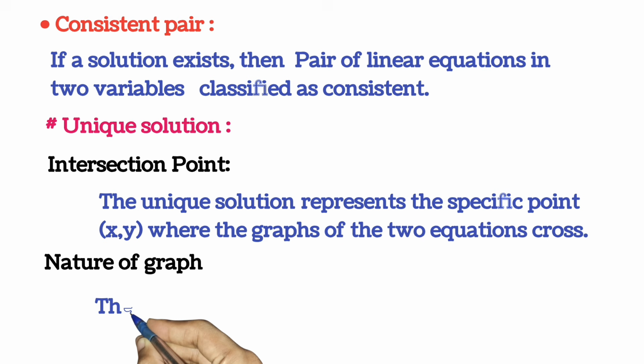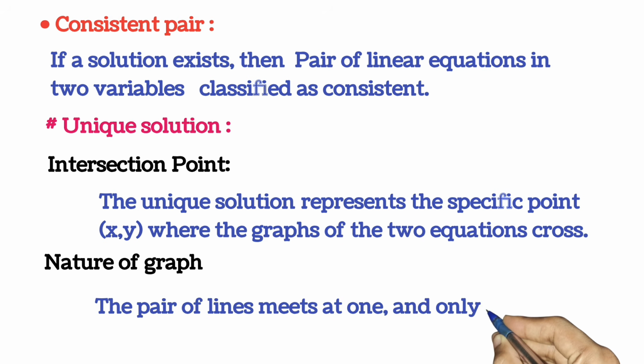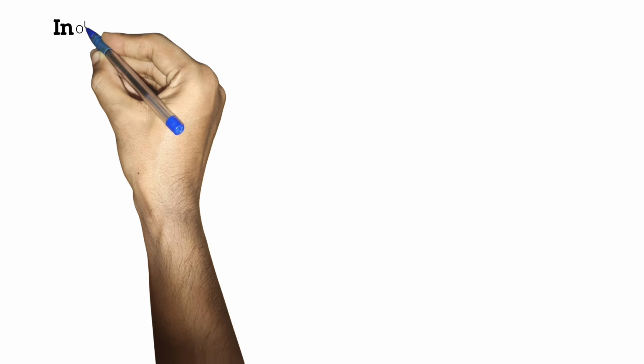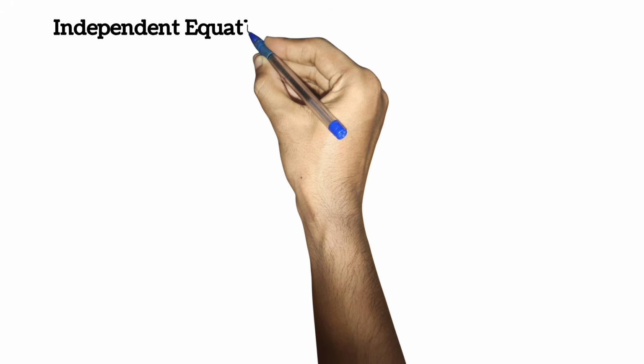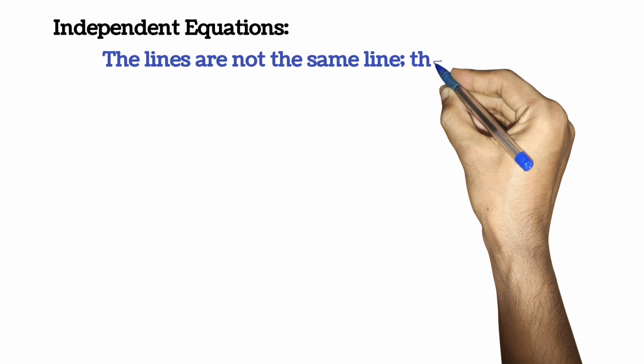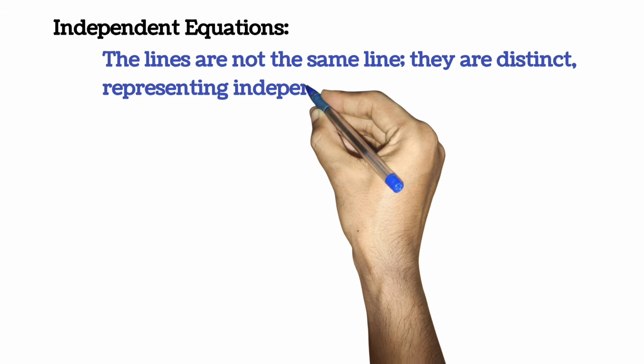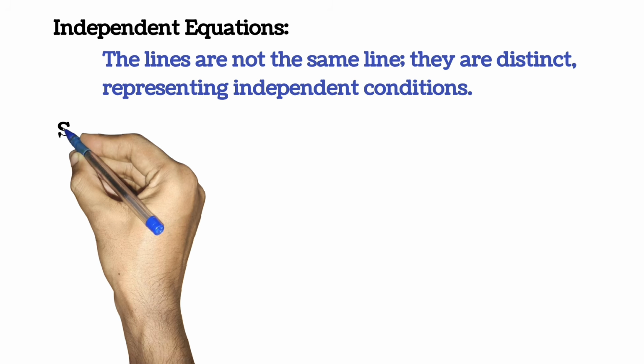Nature of graph for unique solution: the pair of lines meets at one and only one point. Now independent equations: the lines are not the same line, they are distinct, and represent independent conditions.